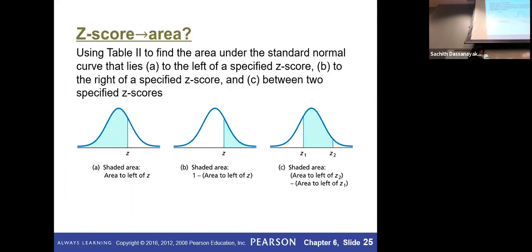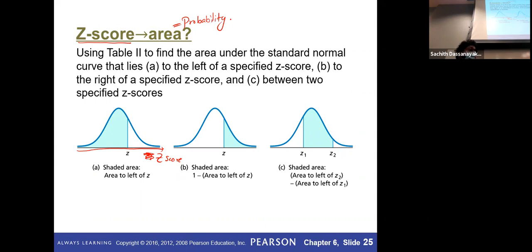Okay, you have been given a Z score value. This Z value means simply the Z score value. The value on this axis we call the Z score value. Those are not X values, simply Z score values. So when a Z score value is given, you need to find the area, or simply the probability.